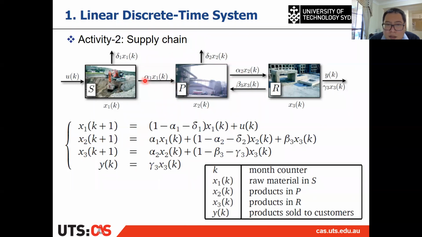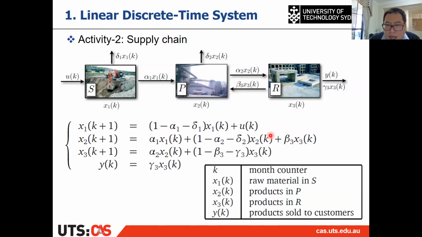The first term is the materials or products it gets from S to P every month, which is alpha 1 x1k, right? And another part is the returned product from R to P each month, which is beta 3 x3k, right? And another part is from itself.